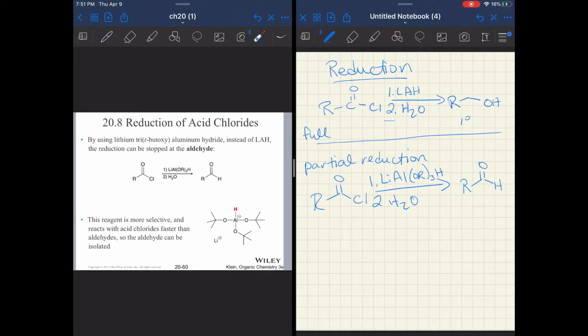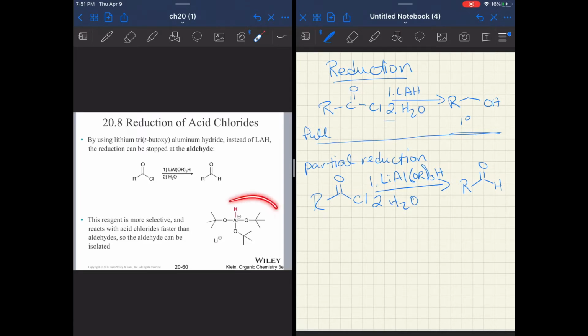Now, if you were working on this synthetically, you could always take this down to the alcohol and then use PCC. But if you want to do this in one step, and synthetically that can be really useful, you're going to use one of these more selective substituted lithium aluminum hydride reagents. Now, the R group can vary.